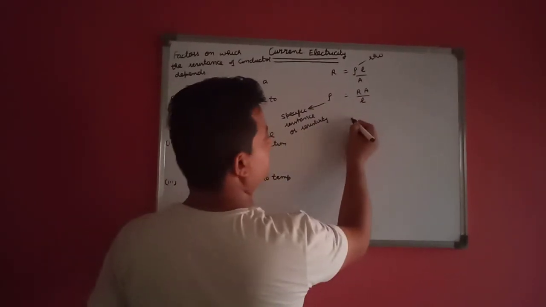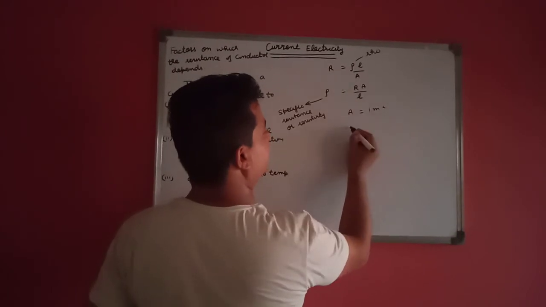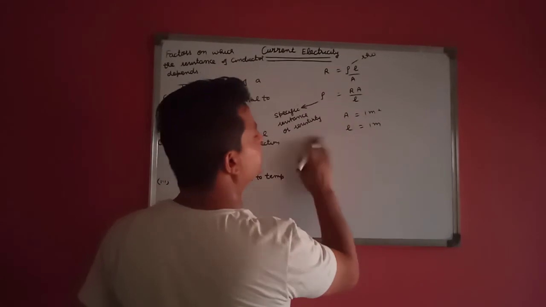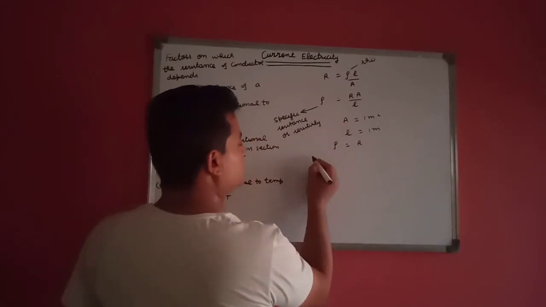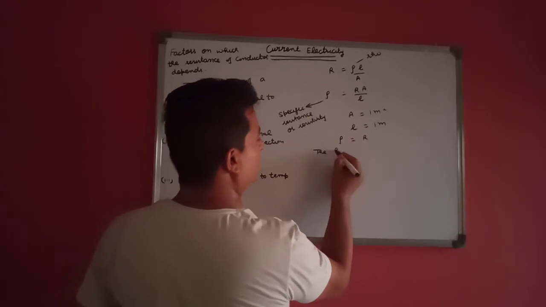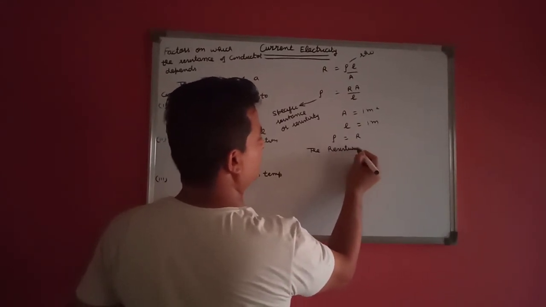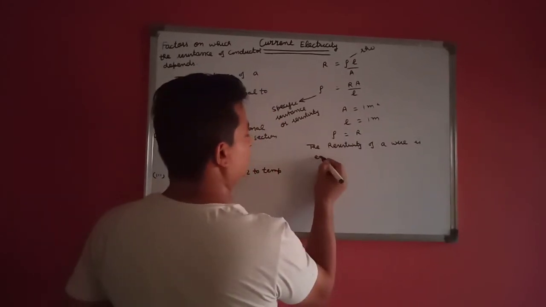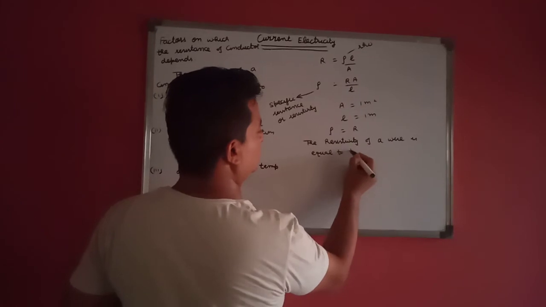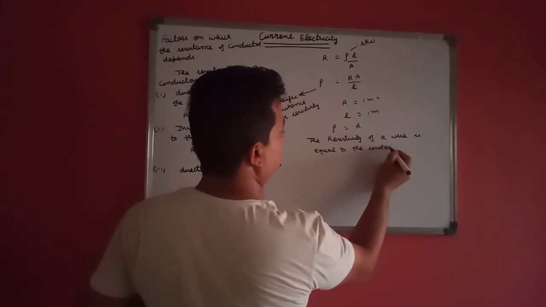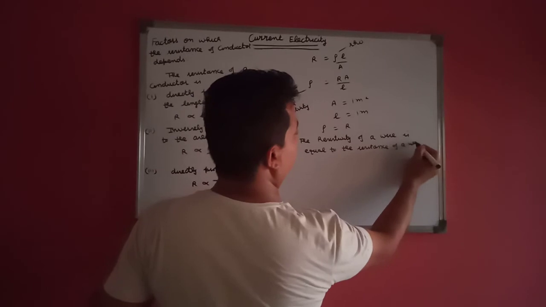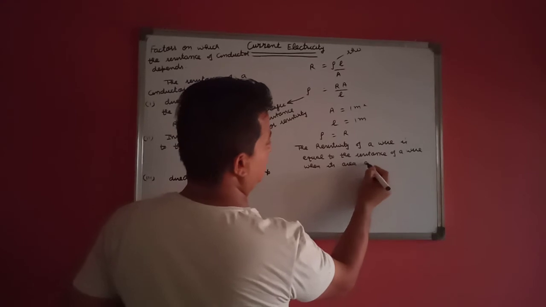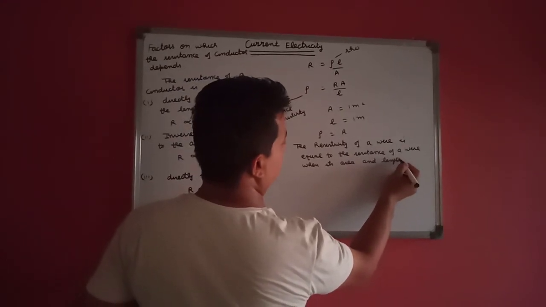Its definition is, when we take area as 1 meter square and length as 1 meter, then R is equal to rho. So the resistivity or specific resistance of a wire is equal to the resistance of a wire when its area and length are unity.